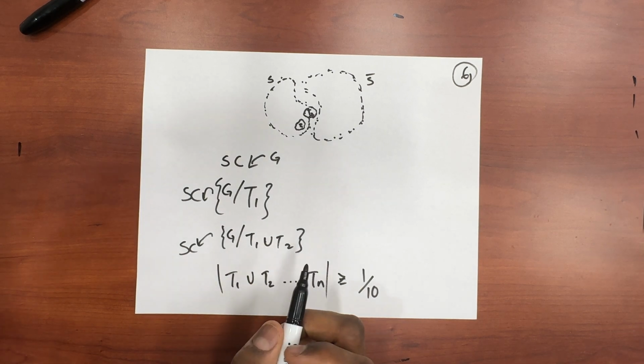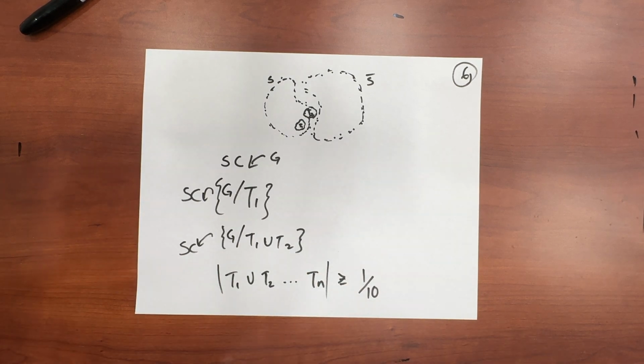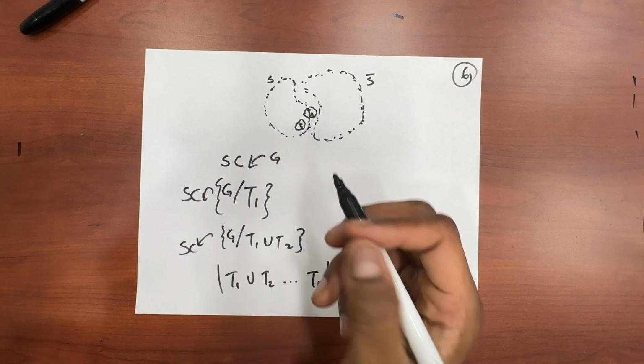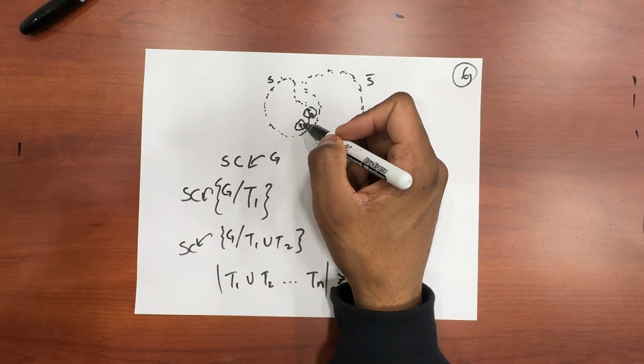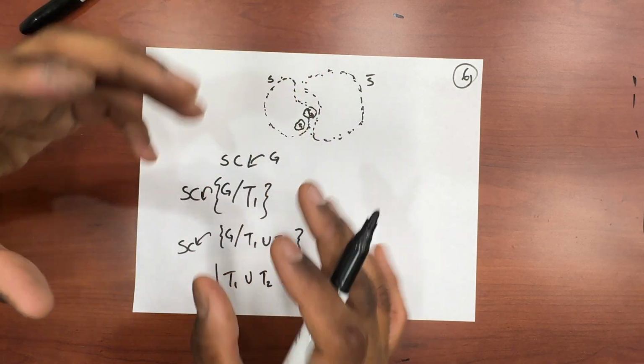So what I'm trying to convince you of, I'm not going to be able to prove this because I don't understand it myself, is that if I take out smaller chunks of the graph, which are also sparse in themselves, they cannot affect the sparsity of the entire graph on a whole.